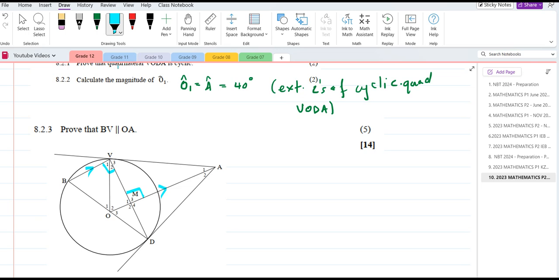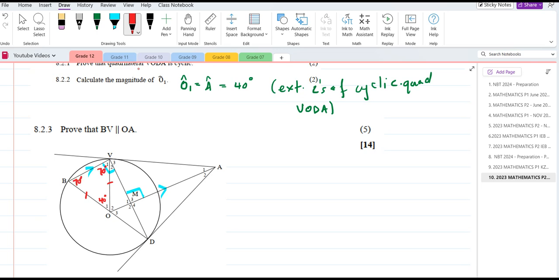So we have 40 degrees here. Now we know that this is an isosceles triangle. So if this is 40, 180 minus 40 is going to give me 140, and then divided by 2. So we will get 70 here and 70 there.